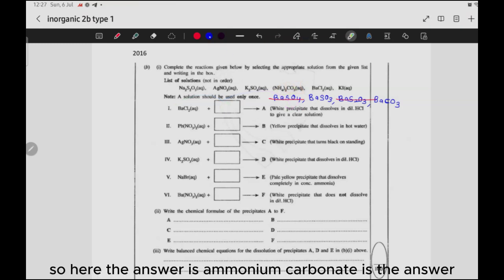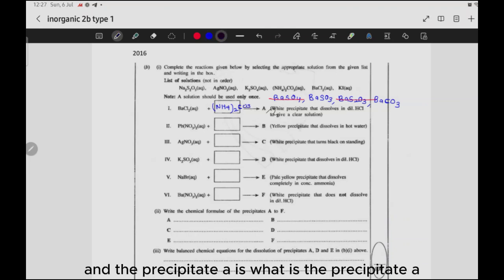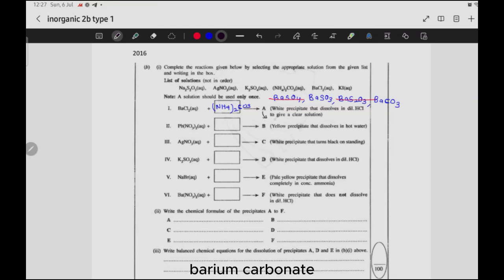So here the answer is ammonium carbonate, (NH4)2CO3. And what is the precipitate A? Barium carbonate, right? Barium carbonate is the precipitate.